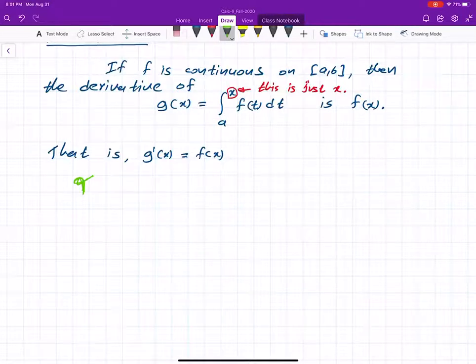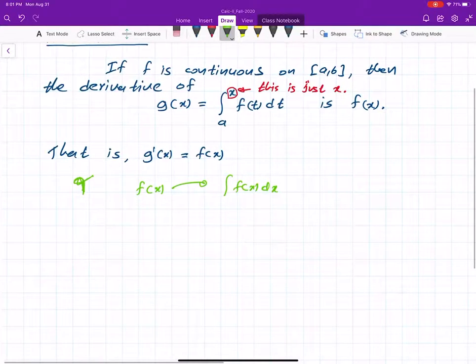Let's say you are given a function, something like f(x). If you get the integration of f(x), you will get this thing, the integral of f(x) dx. Okay, this is integration.